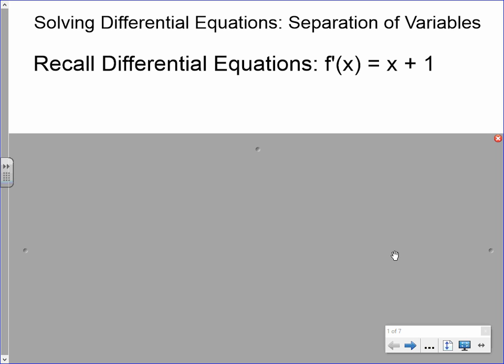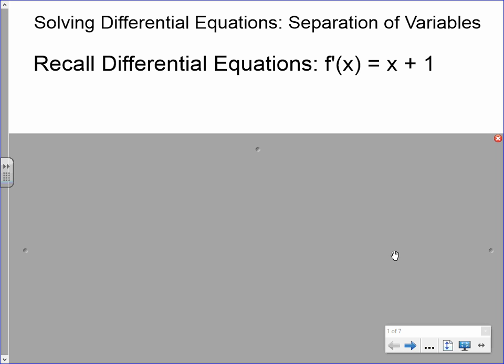There will be a time where you cannot separate the variables, and that's when you take the class called differential equations, and that's basically what comes after Calc 3 in your math progression in college, if that's the route that you use. Okay? But separable differential equations we can do in Calc 1.